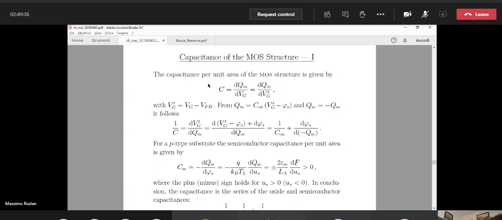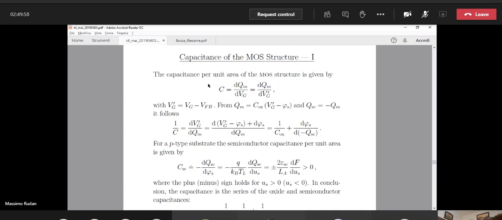Okay, so since we commonly take the bulk contact as ground, the variation of the voltage will occur at the gate contact, and we have to take the change in the charge at the same contact. So we take the variation of Qm.